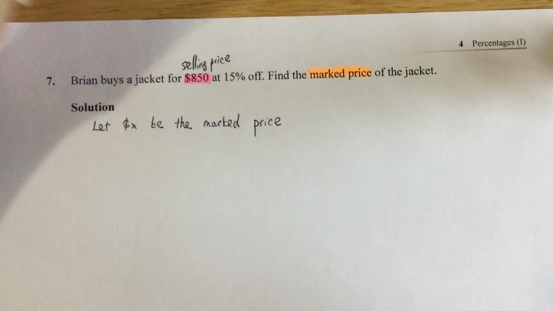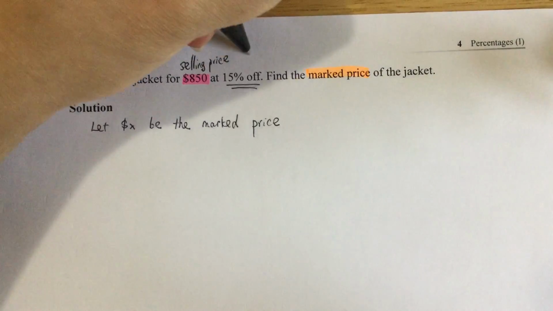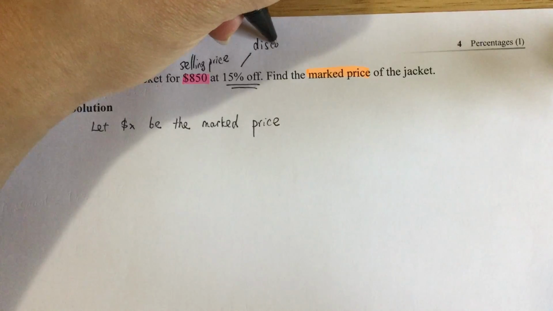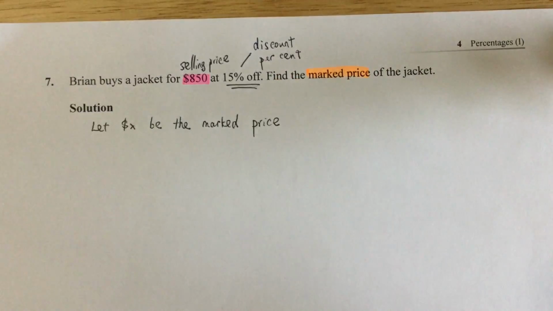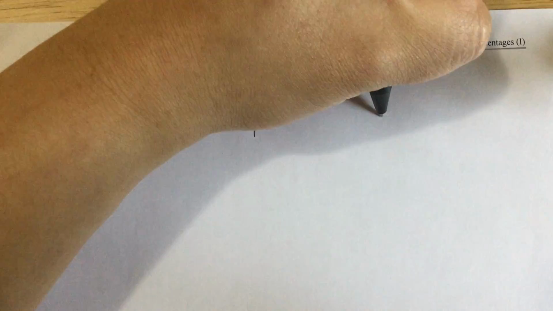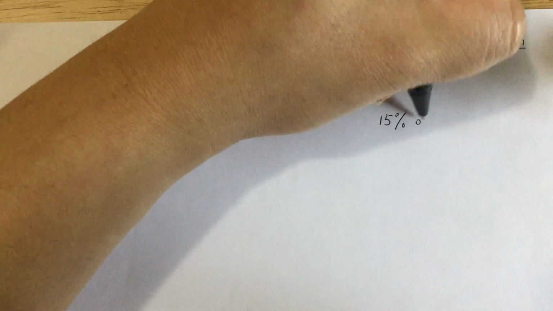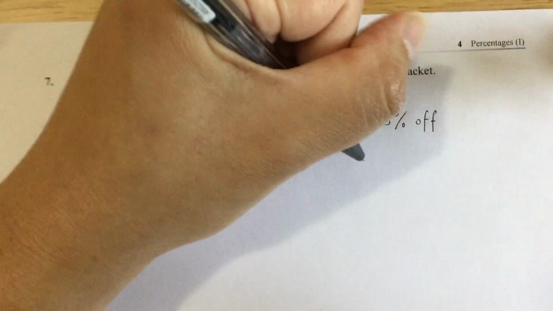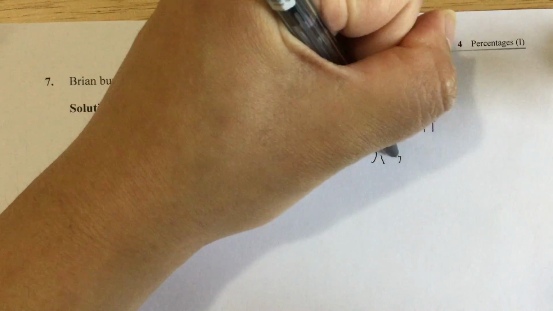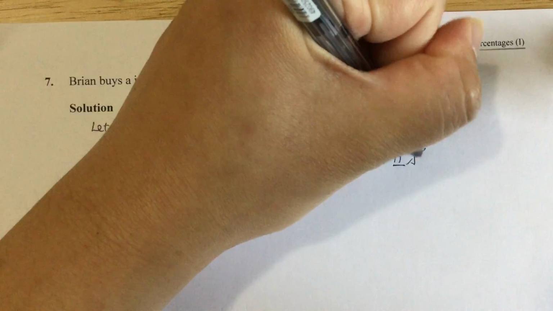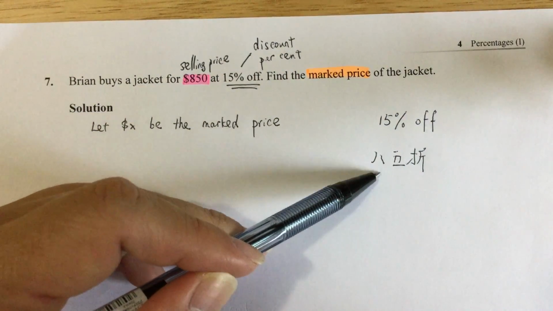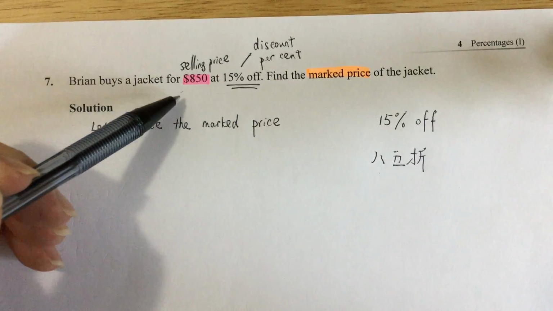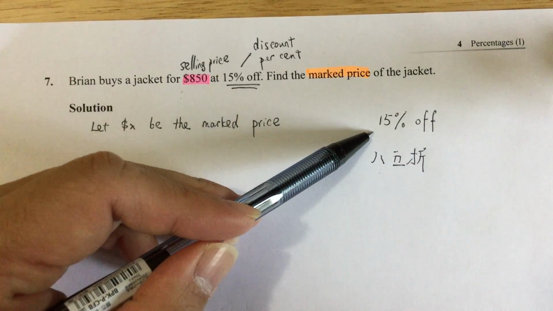With 15% off, that means this 15% is the discount percent. In Chinese, it's very difficult to understand, because in Chinese, 15% off is called 八五折. That means I will keep 85% of the money for the product, and the other 15% I will cut away.